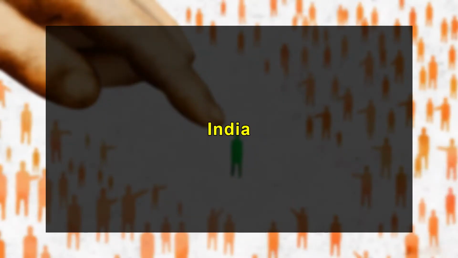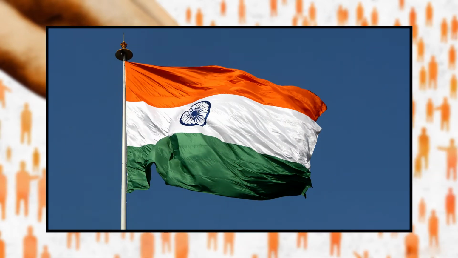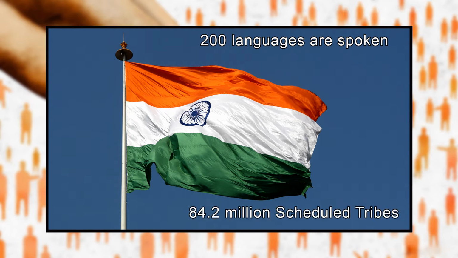First, we will discuss the case of India. In India alone, it's estimated that about 200 languages are spoken by people belonging to diverse minority groups all over the country, and approximately 84.2 million scheduled tribes are living in country.